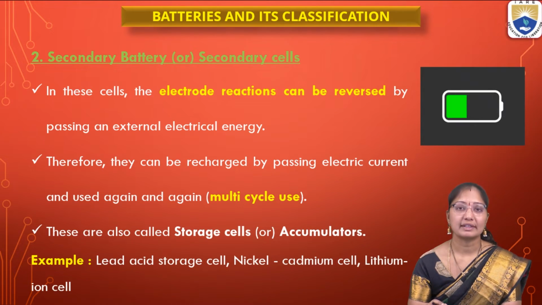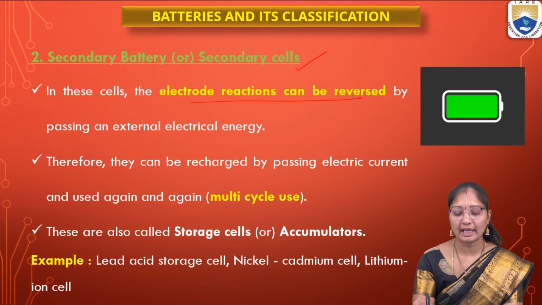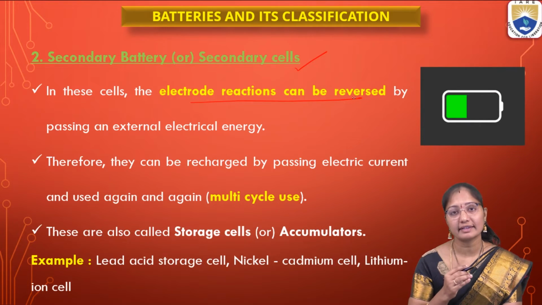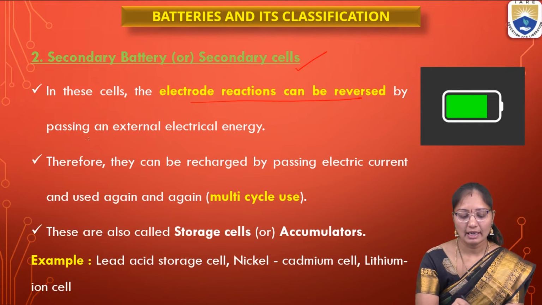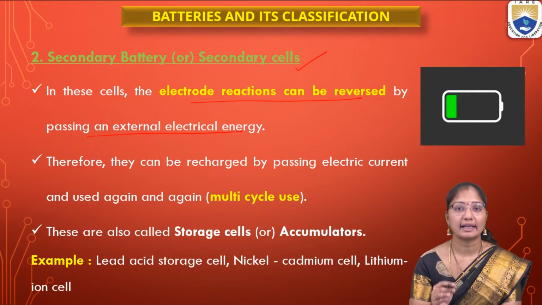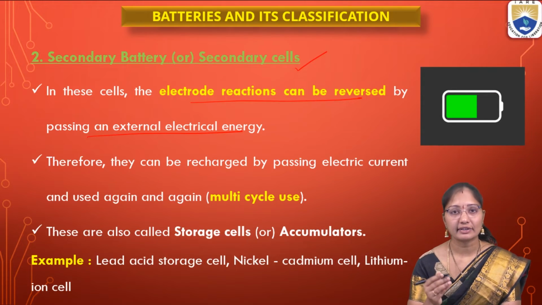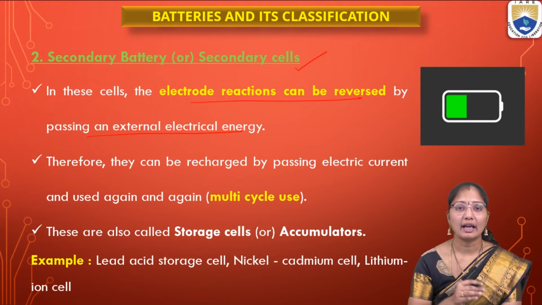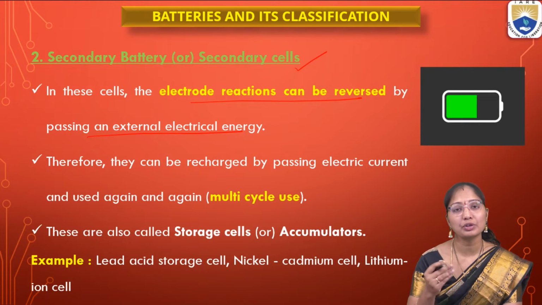Coming to the second battery, also called secondary cells, these are rechargeable. The electrode reactions taking place inside the battery can be reversed by passing an external current. Once the reaction is completed, the charging is completed. If we charge again with the supply of an external current, the reaction is ready to take place again.